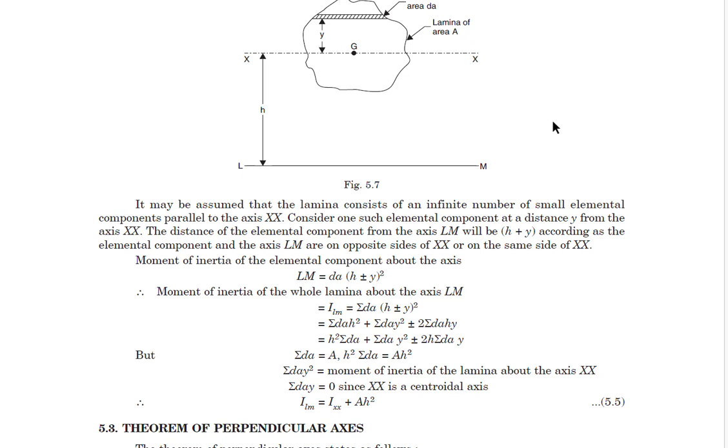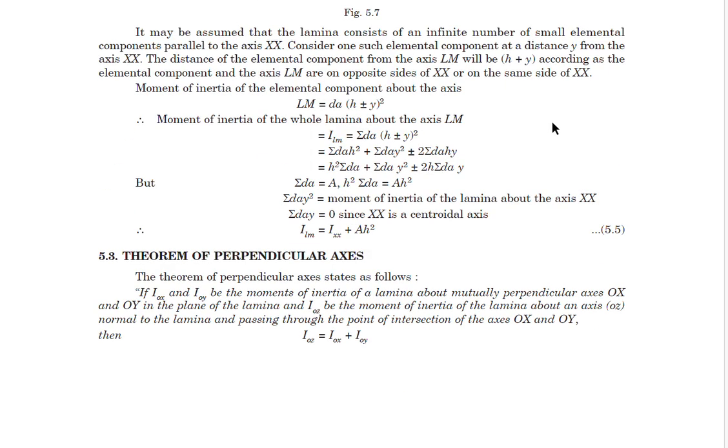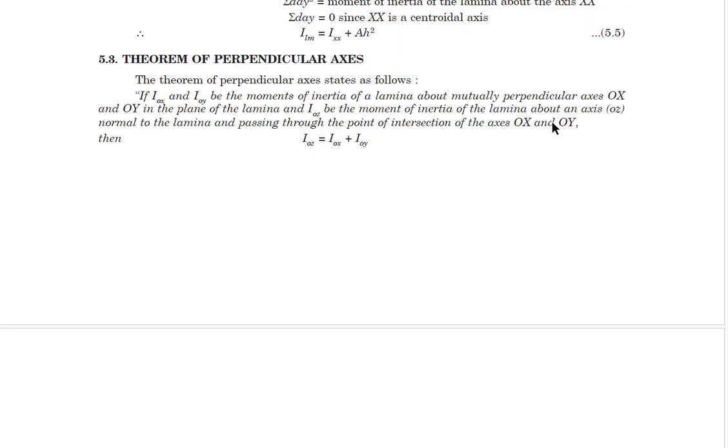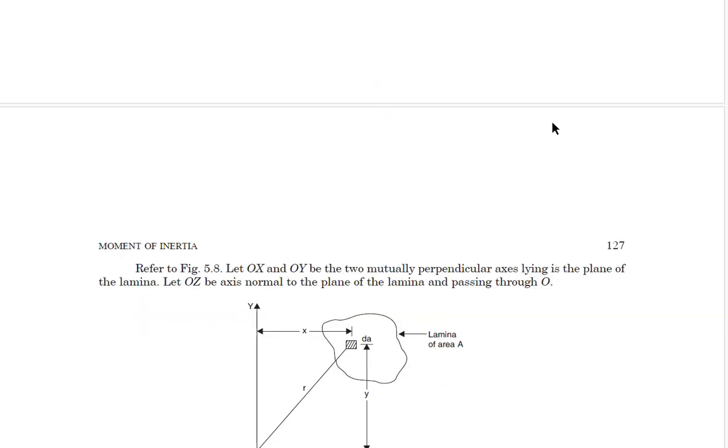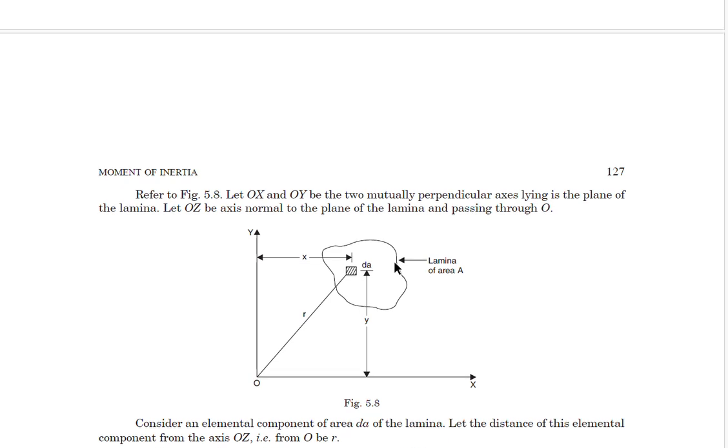Okay, and similarly there is another theorem, which is the theorem of perpendicular axis. In this theorem, you have again an arbitrary area. The derivation again, you can easily go through. It is again the integration over the domain, over the area.